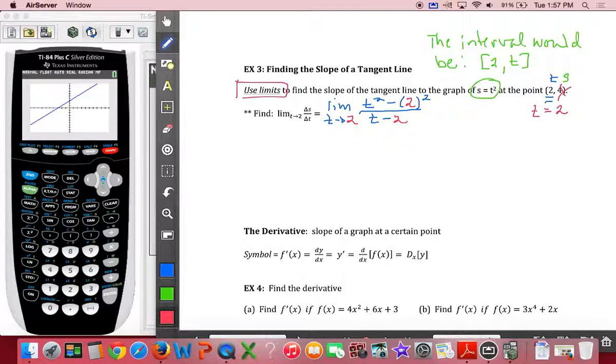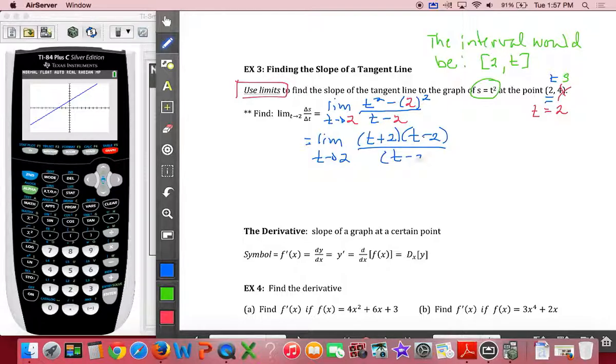And in this particular problem, don't we again have the difference of 2 squares in the numerator, right here? So this can factor, and I'm going to go ahead and do it down here, equals the limit as t approaches 2 of t plus 2 times t minus 2, all divided by t minus 2.